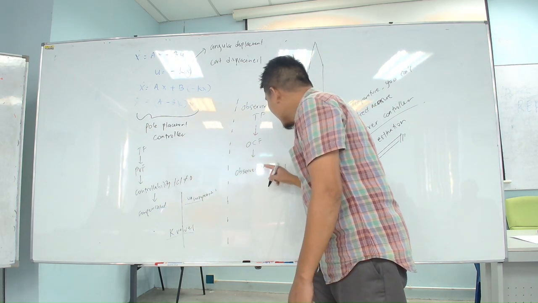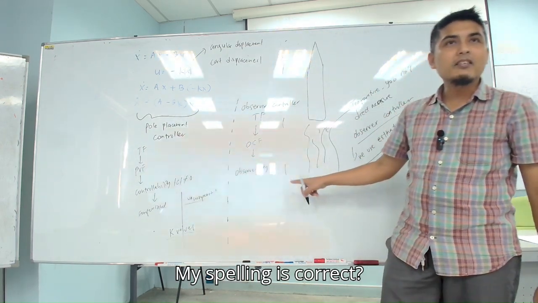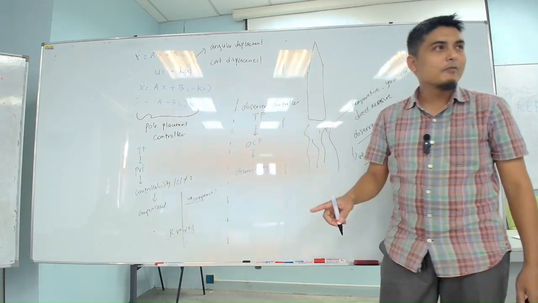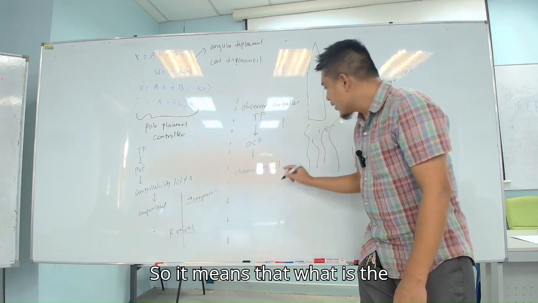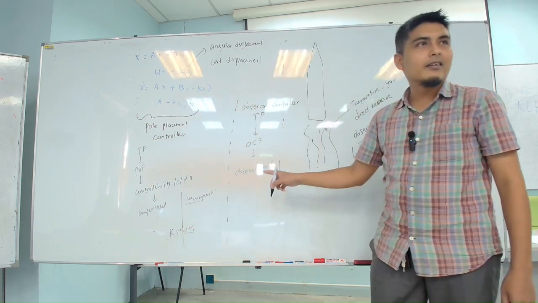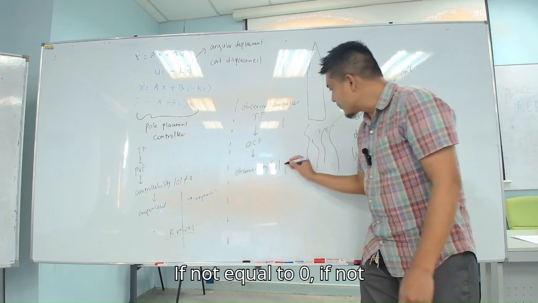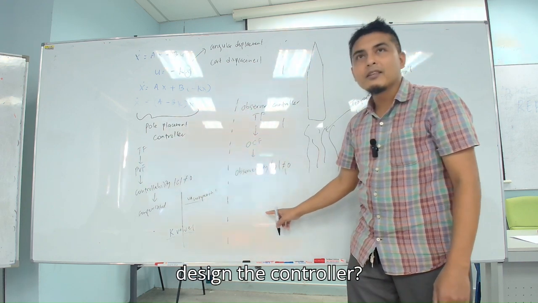Is my spelling correct? Observability, I think so. Okay, so what is the rule do you think? If not equal to 0, can I design the controller?